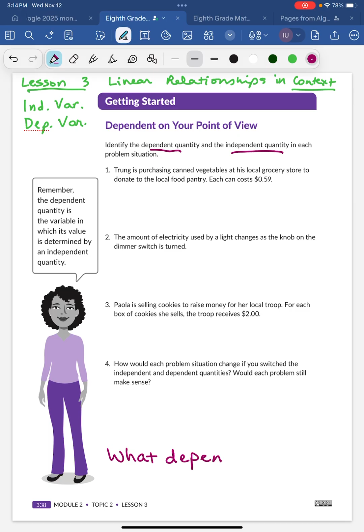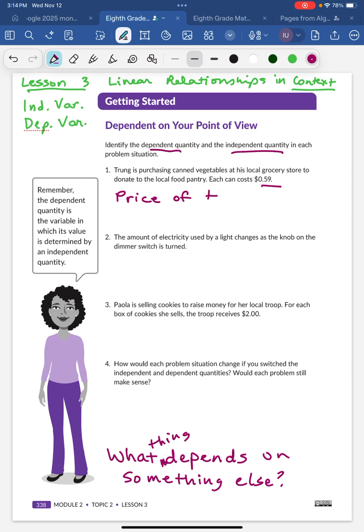Or what thing in the scenario depends on something else? So if each can costs 59 cents, the price of the can, 59 cents. That's just going to be what it is.